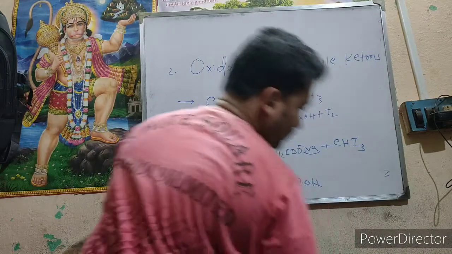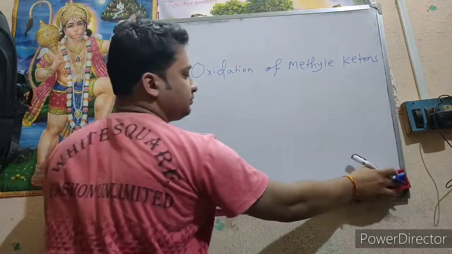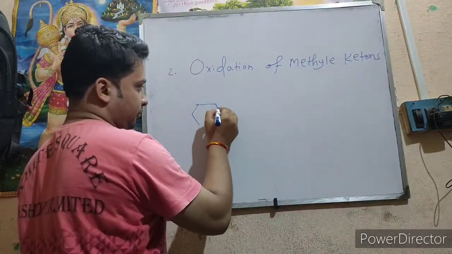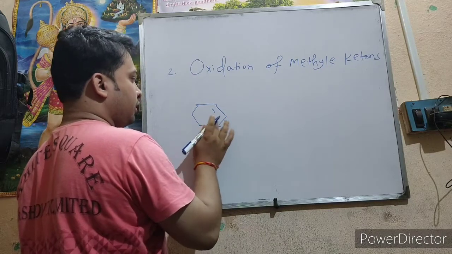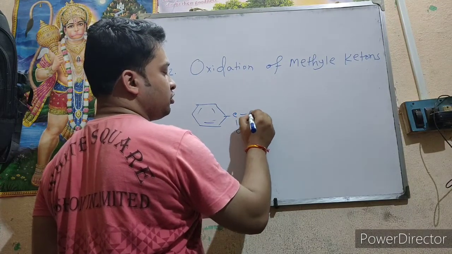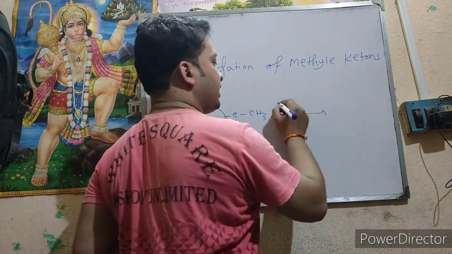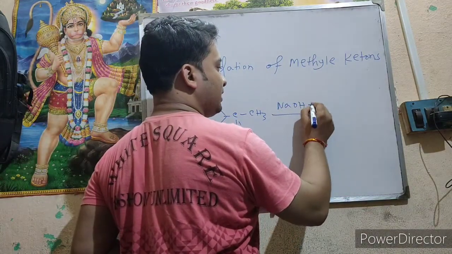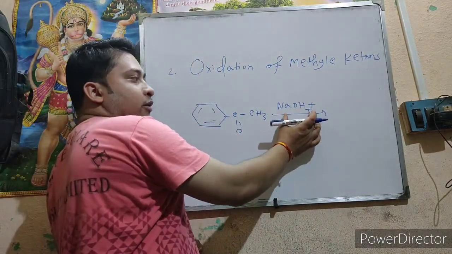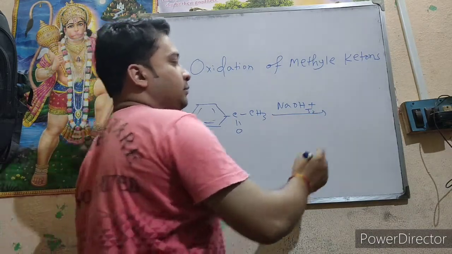Now take another example of oxidation of methyl ketone. If you take this compound, this is a carbonyl compound, a ketone compound, CO, methyl ketone. This is called methyl ketone, and you want to react it with NaOH and I2. So if you react with NaOH and I2, you get the product.